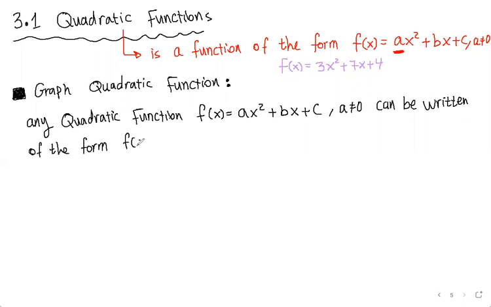f of x equals a times (x minus h) squared plus k.